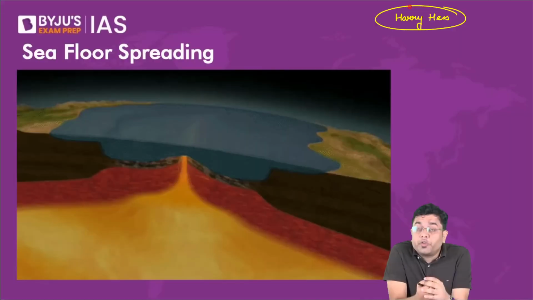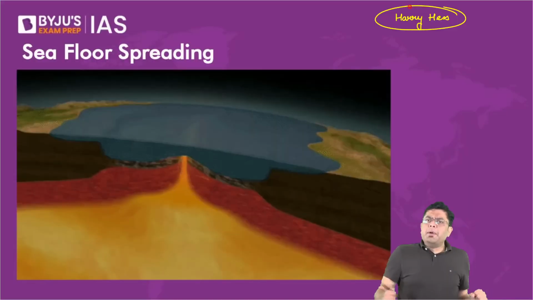The seafloor is constituted by underwater mountains, canyons, trenches, and so on. He also observed a significant amount of active volcanism, that is, active volcanic activities happening underneath the ocean at the seafloor.